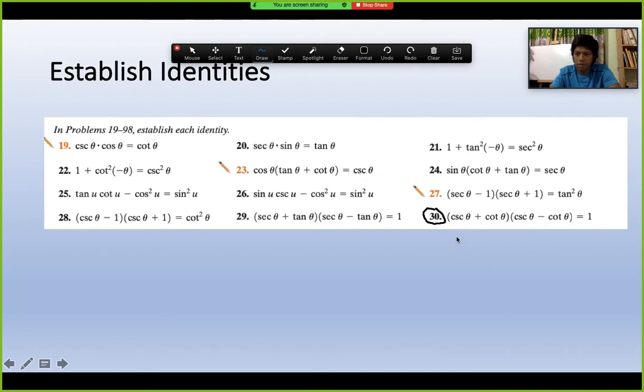For number 30, this is cosec theta, this is cot theta. Let's try to do it this way. Cosec theta equals 1 by sine theta.